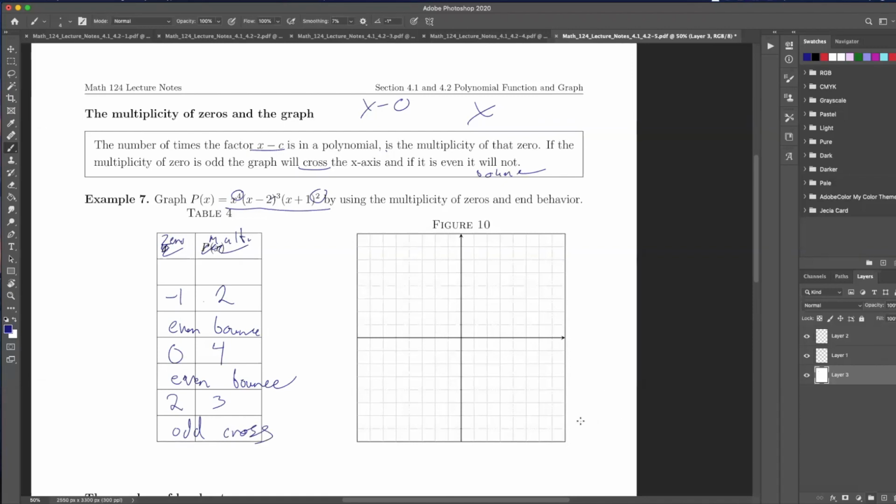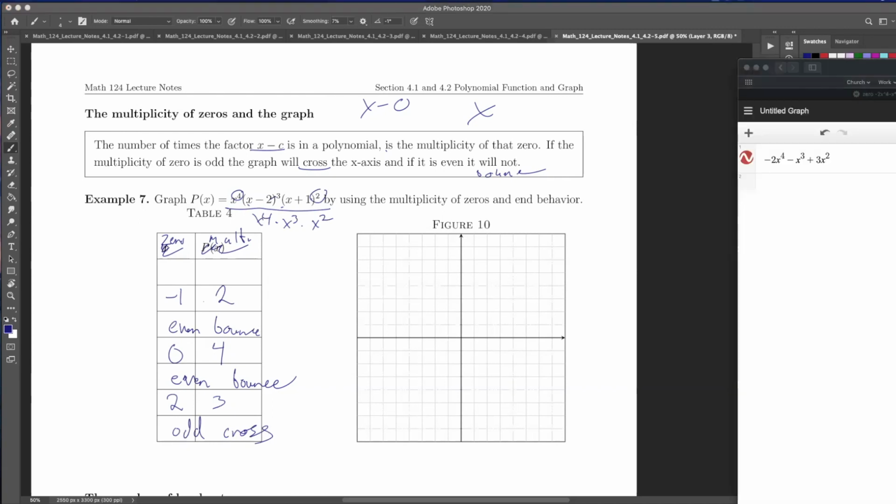All right, and what's my leading coefficient? Well, my leading coefficient in this case is x to the 4th times x cubed times x squared. Or you could just type it into Wolfram Alpha. Let me just go ahead and show you how to do that as well.